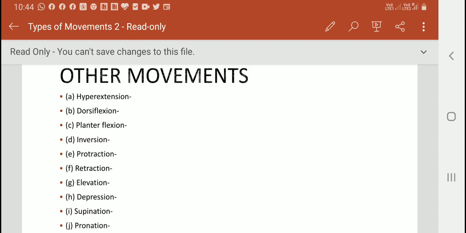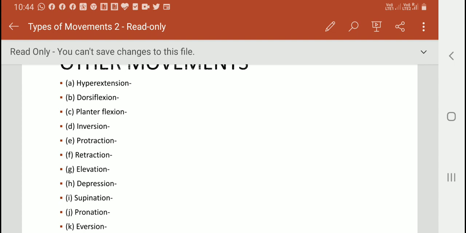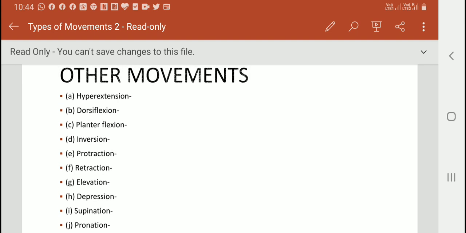Once again, you have to revise the other movements you have read today: hyperextension, dorsiflexion, plantar flexion, inversion, protraction, retraction, elevation, depression, supination, pronation, and eversion. All these movements are very important for the board exam.